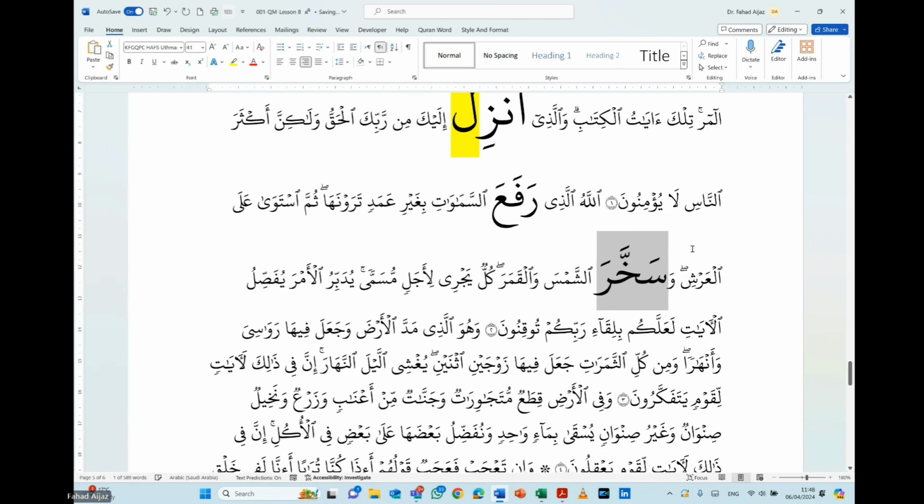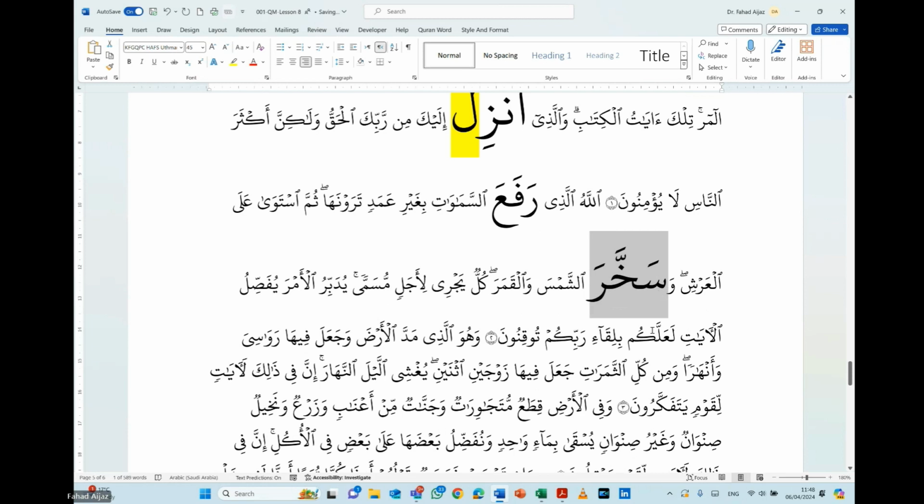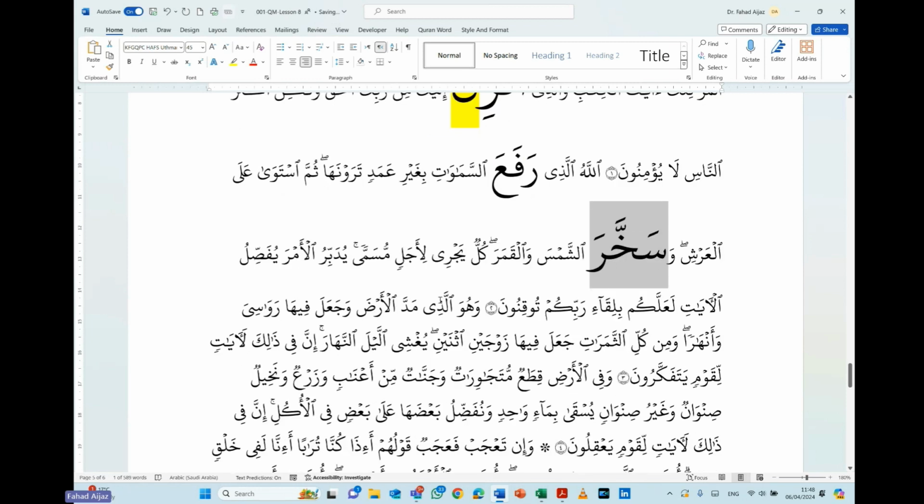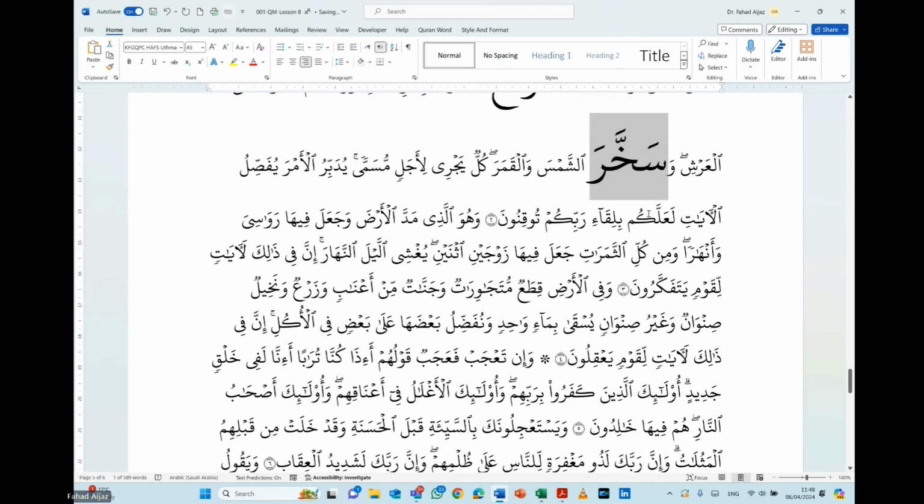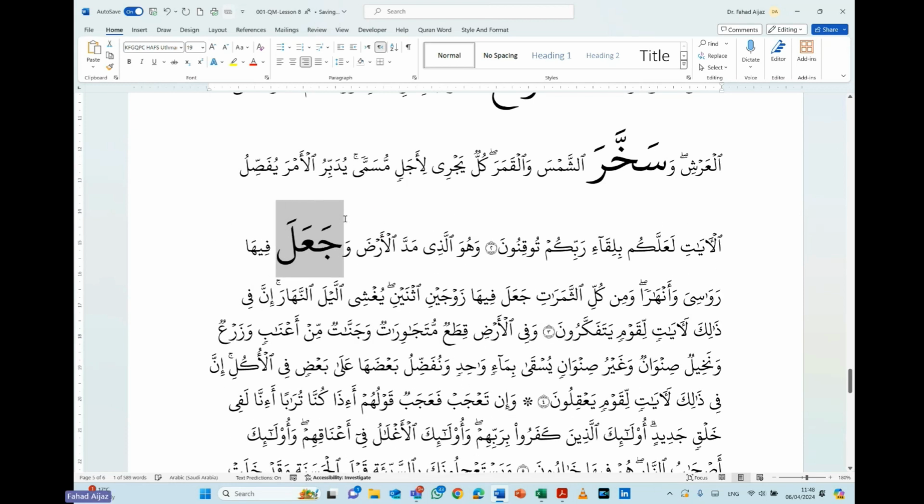Sakhara. Hua again. Subhanallazi sakhara lana. Sakhara lana. Okay. Ja'ala.